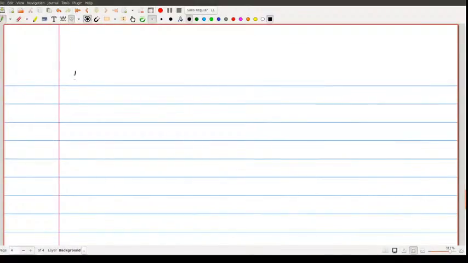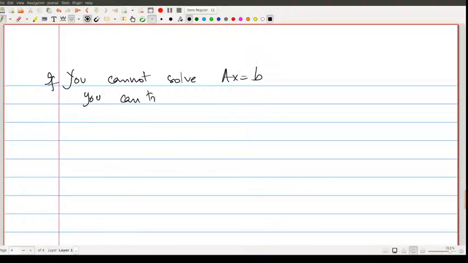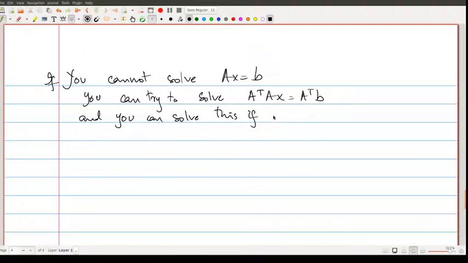So in this lecture we discussed that if you cannot solve AX equals B, you can try to solve A transpose A x equals A transpose B. That's the equation that you should solve, and you can solve this if A has independent columns.